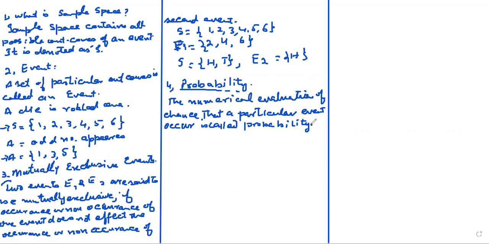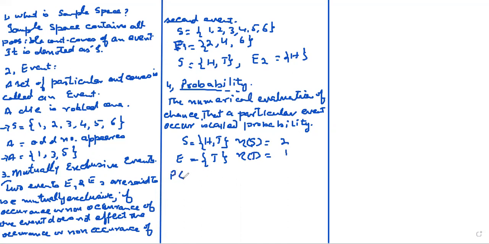So suppose S equals H, T, head and tail, so N(S) equals 2. Suppose an event E equals T only, the tail occurs, and N(E) equals 1. There is one element only.